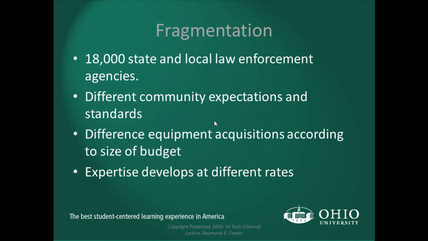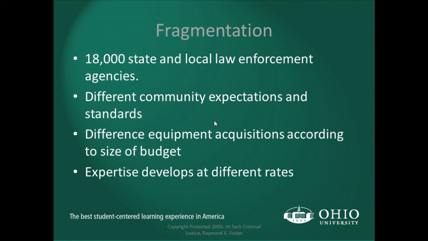Different community expectations is another thing. We might have, in Grove City, a different expectation on response time than somebody who might live in Ross County. Different equipment and acquisitions occur according to the size of budgets. I'm sure you've seen in the news over recent years cutting back or cutting out local law enforcement and having the county take over instead, just because of the budget of that particular local community.